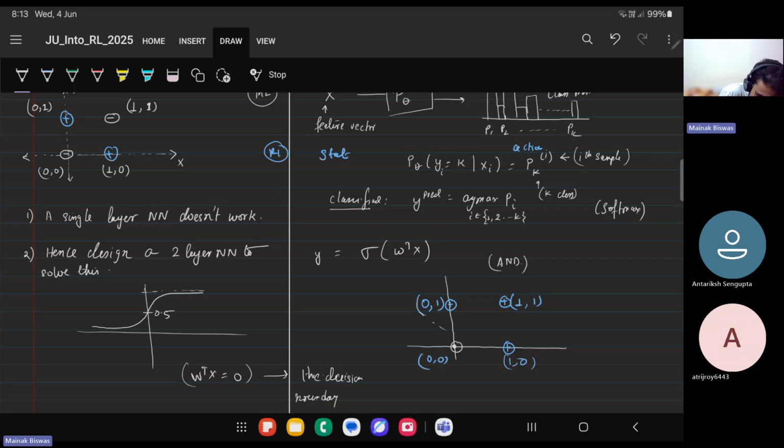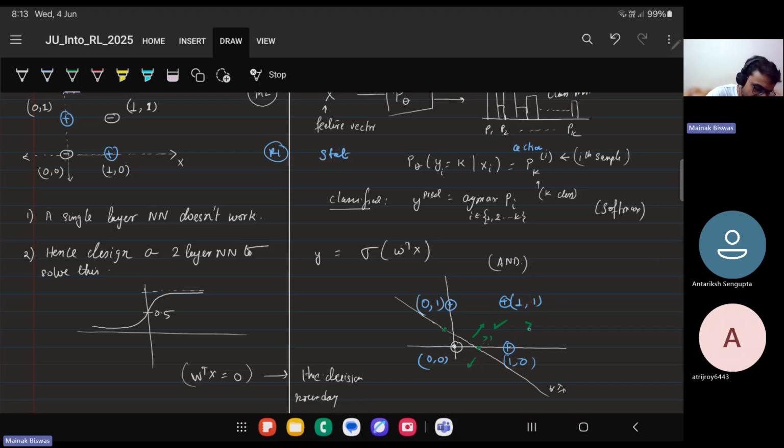Somewhere like this. When it is 0, it is on the line. If it is on the line, you don't know which to predict. But if you are on either side, you know. This is the geometric view. Clear?